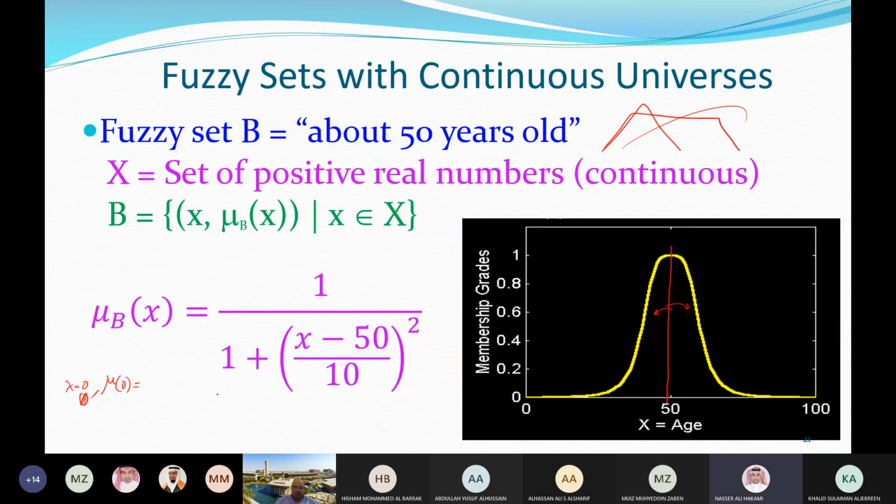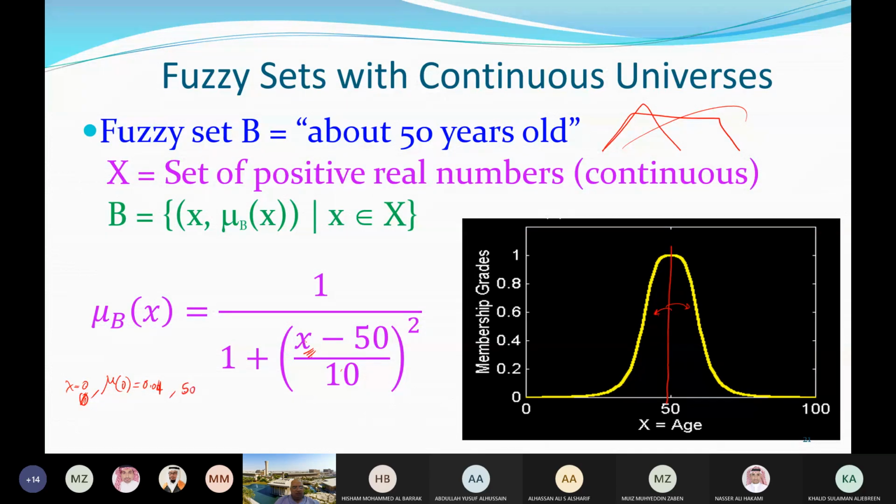From the graph, there is a value here but very small. If x equal to 0, you have 5 squared 25 plus 1, 26, 1 over 26 is approximately 0.04. Yes. So 0 and 0.04.